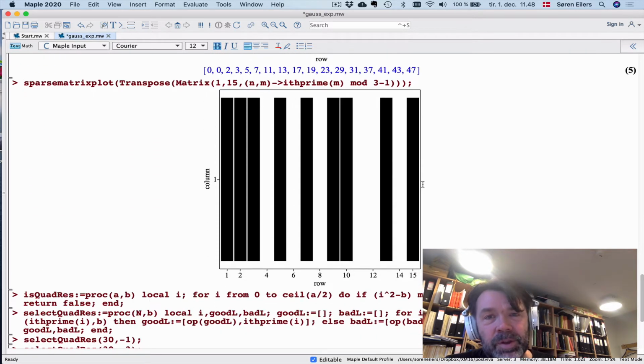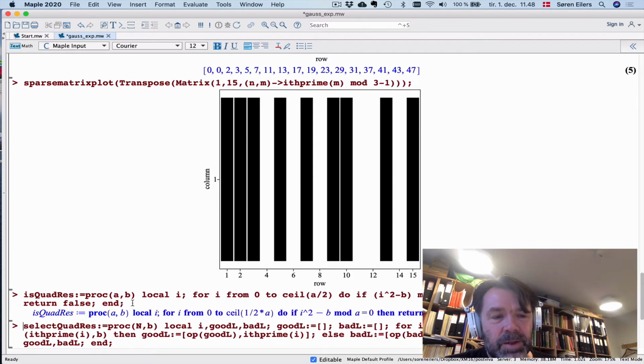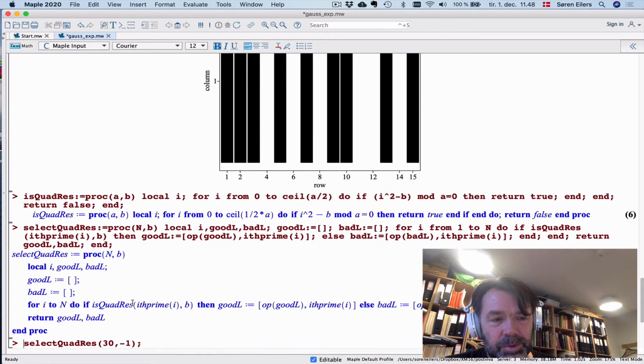Of course, you can keep on going by looking at various examples and see if you can extract various systems, but probably at this point you want a better tool. So I wrote a little program called is quadratic residue.